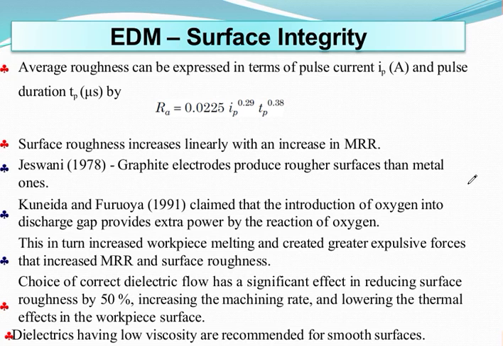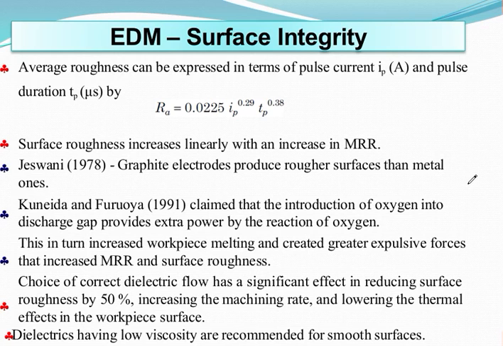In the year 1978, Jeswani noted that a graphite electrode produced a rougher surface than a metal one. And in 1991, Konedia and Furuya claimed that the introduction of oxygen into the discharge gap provides extra power through the reaction of oxygen. This in turn increased workpiece melting and created greater expulsive forces that increase MRR and surface roughness also.